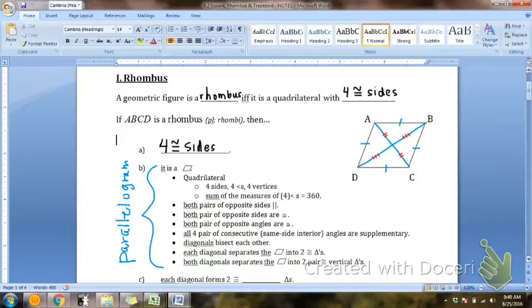In a rhombus, this angle is the same as this angle. Up there at A, those 2 angles are the same, and so are these down here by C. All 4 of those angles are going to be exactly the same measurement.